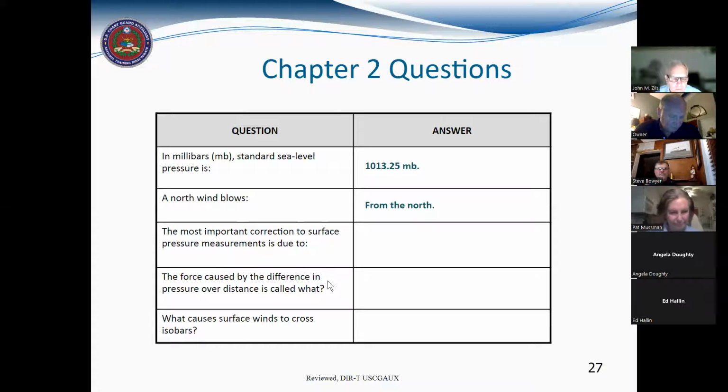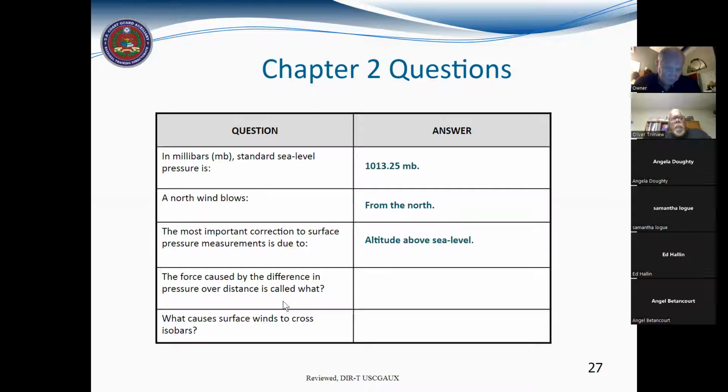Well done. Pat Mussman, the force caused by the difference in pressure over distance is called what? Expert, you want me to go on, Pat? Yeah. Angela D, unmute yourself, Angela. You can turn your camera on too, so I can tell you're watching. The force caused by the difference in pressure over distance is called what? Angela, go ahead and unmute yourself. You there, Angela? Yeah, I'm on my phone.